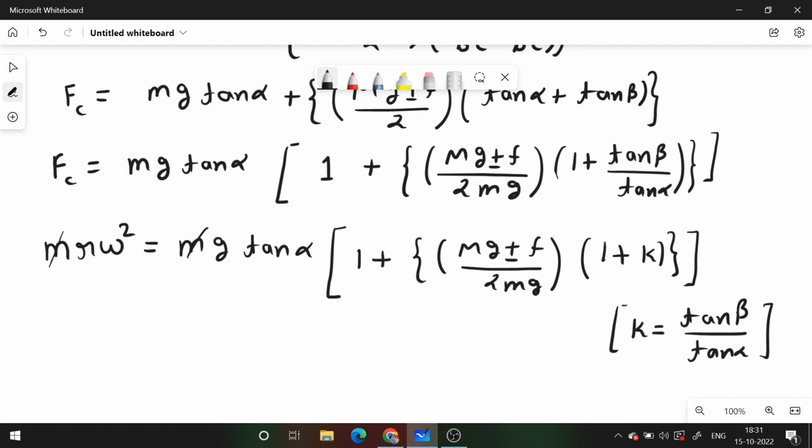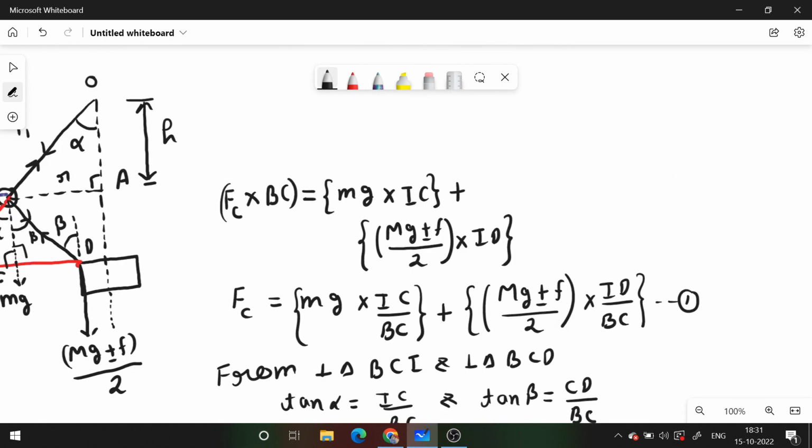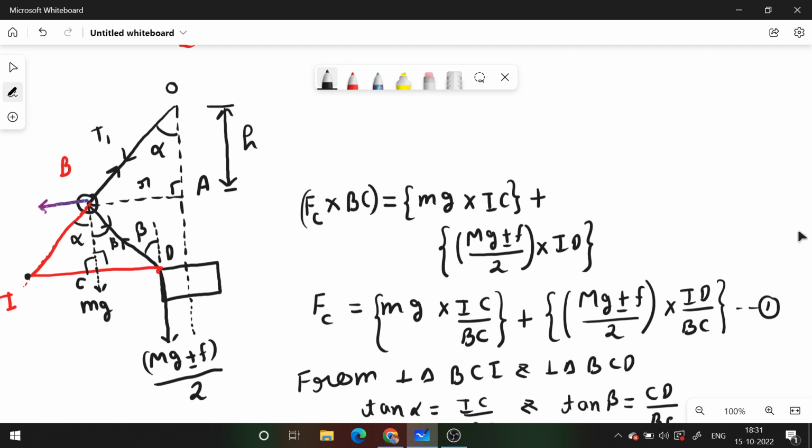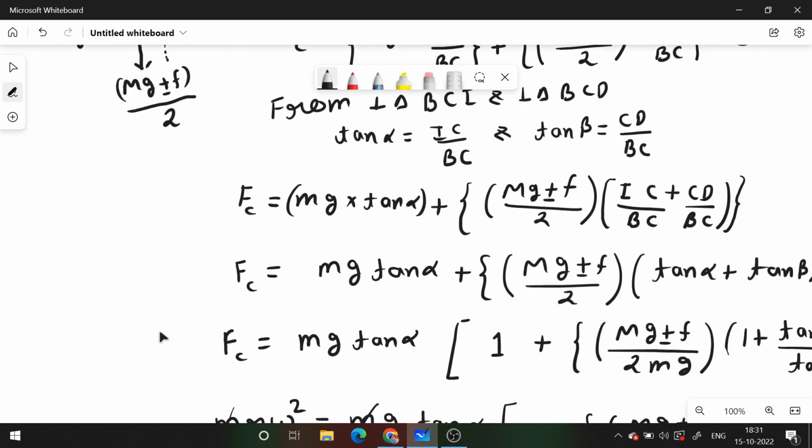And from the right angle triangle OAB, tan alpha is equal to small r upon h.